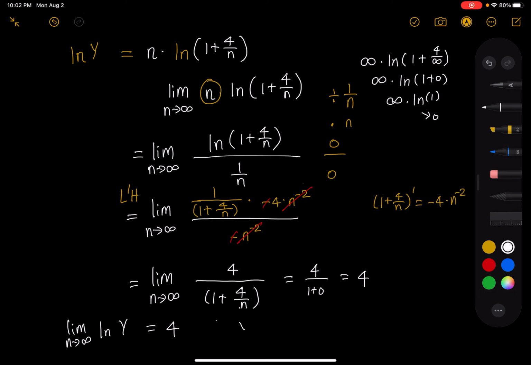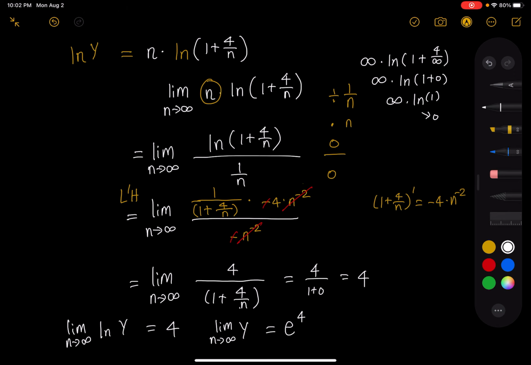And what is the limit as n goes to infinity of y? We raise everything to the natural number e, so e to the 4th power. Okay, raise everything to the exponent.